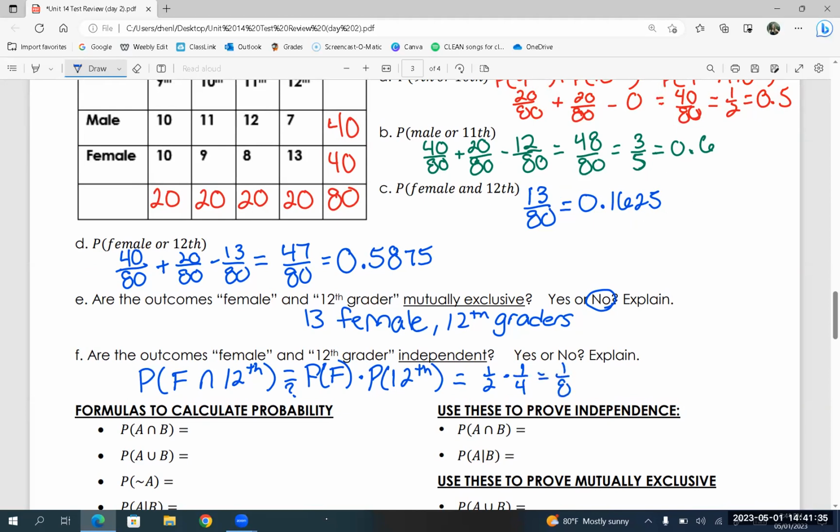So that would be 1/8, which is 0.125. Because those are not the same, they are not independent. If they were the same, then yes, they would be independent. So I have to do the math to back that up.